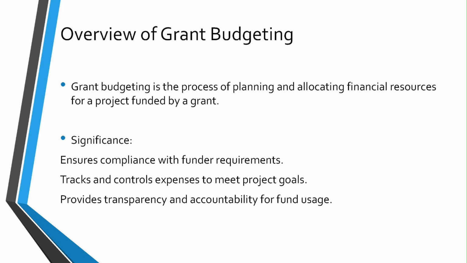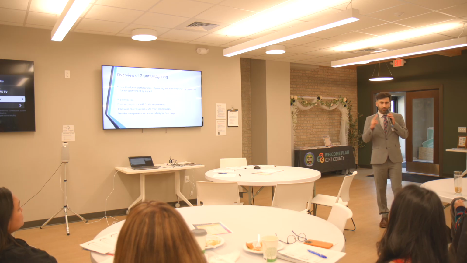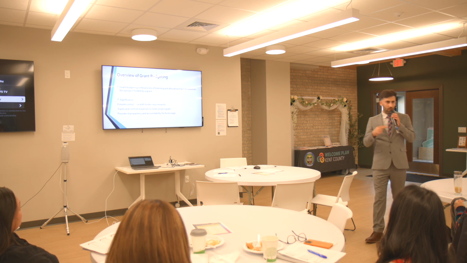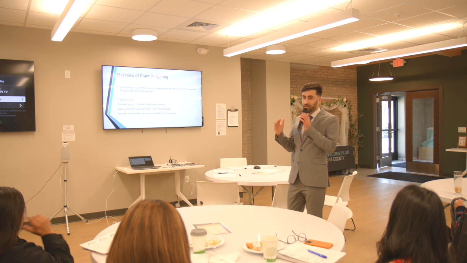So the next thing is, this also says the same thing, that grant budgeting is the process of planning for the allocation of financial resources. Suppose we have received $5,000 as a grant, and now we are going to allocate how that $5,000 is going to be spent. When you are running a project, when you're running an operation, there are different activities.